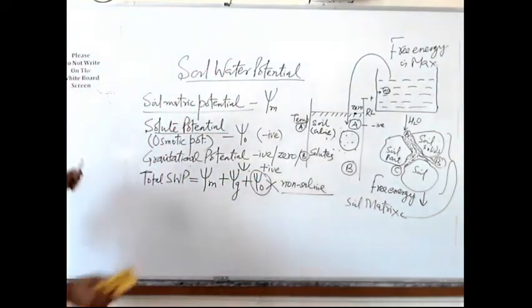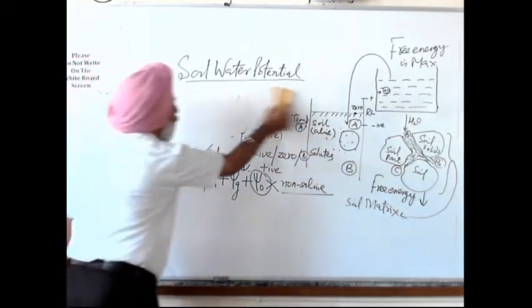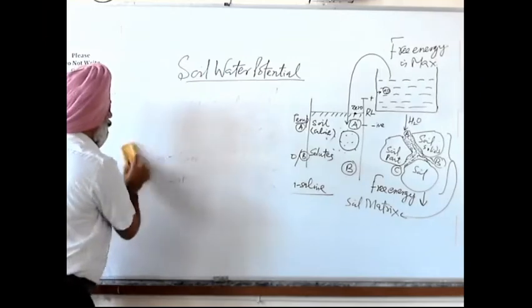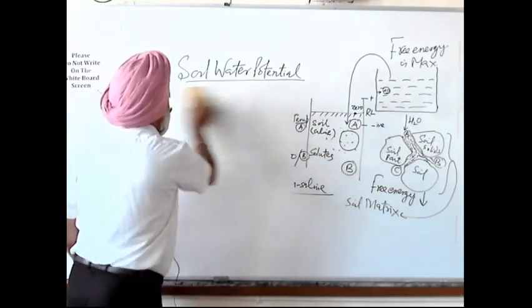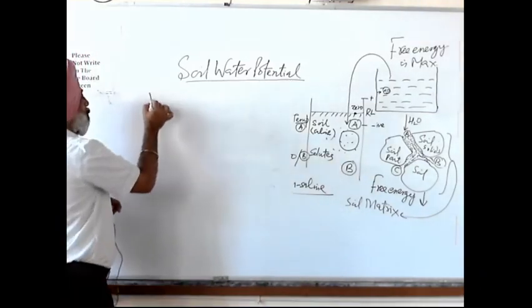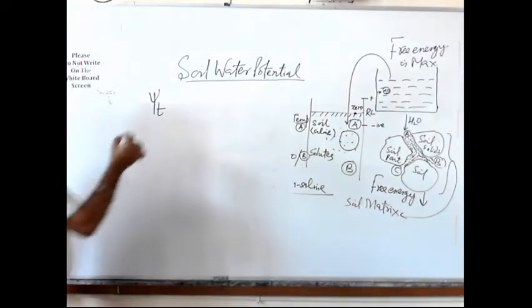Now, if I have to define this total soil water potential, how will I define it? So very simple. Total soil water potential, we denote it by psi t.